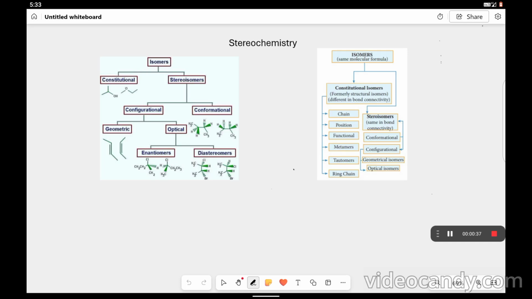What do you mean by chain isomerism? In chain isomerism, compounds have the same molecular formula but lead to different compounds. For example, we are going to see the compound pentane. So this is pentane. One more compound possible is isopentane.